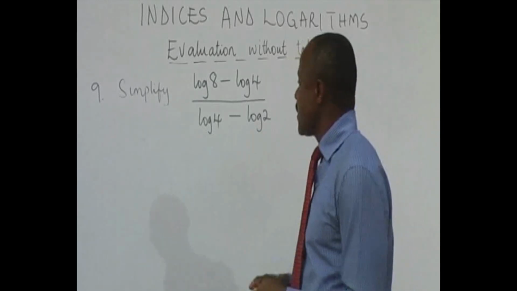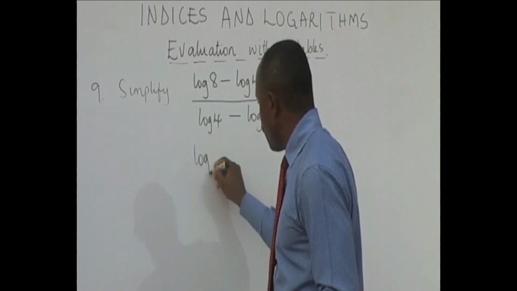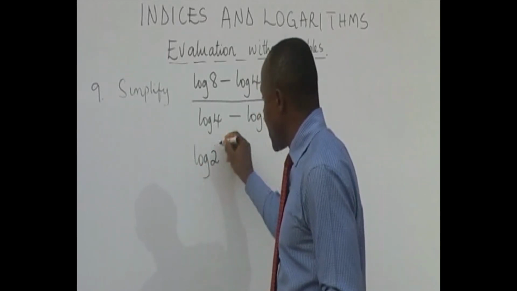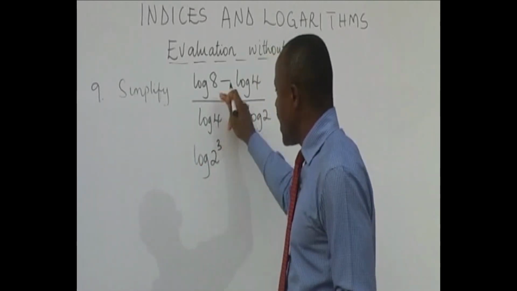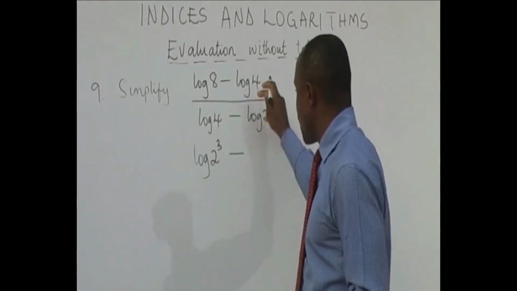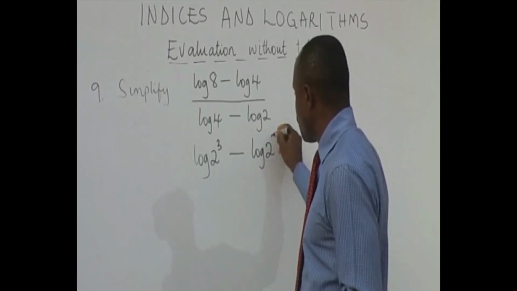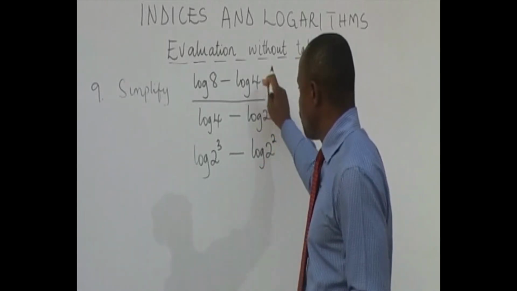What do I mean by that? Log 8 becomes log of 2 exponent 3, because 2 exponent 3 is the same thing as 8. Now minus log 4 becomes log of 2 exponent 2, because 2 exponent 2 is 4.